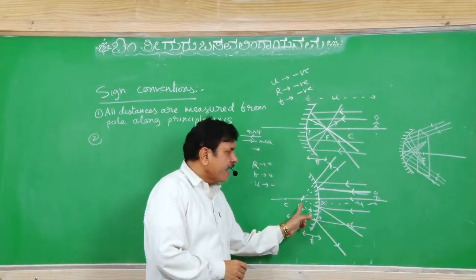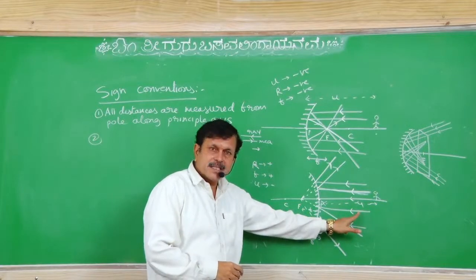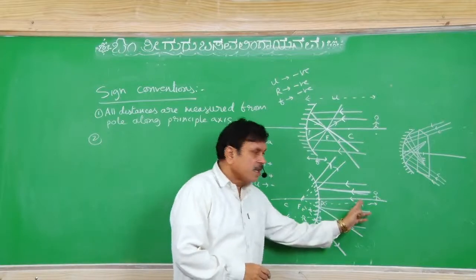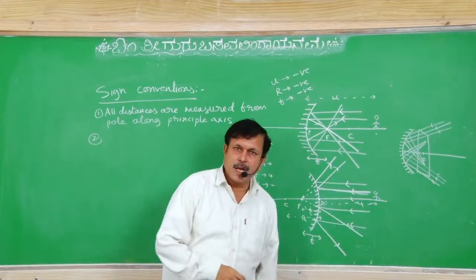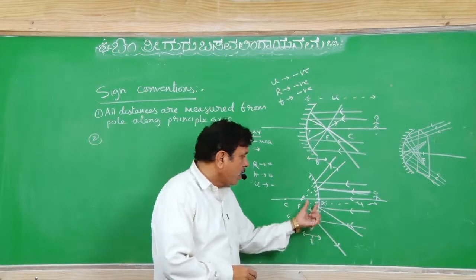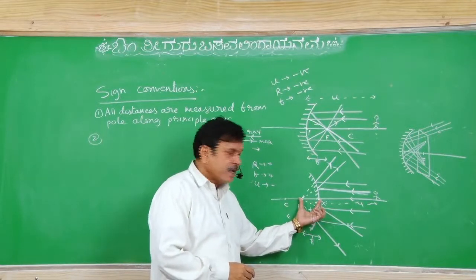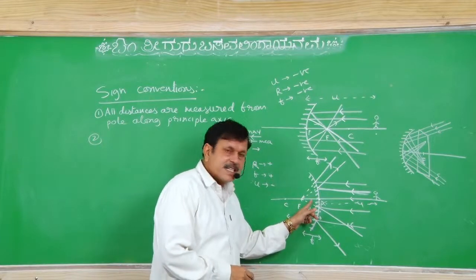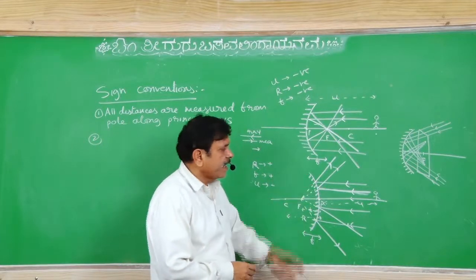Now say the image is formed on this side, well, generally it is not formed. Say the image is formed this side, then the image distance will be negative, but the image will be formed between these two things. So the image distance will be positive in this case.